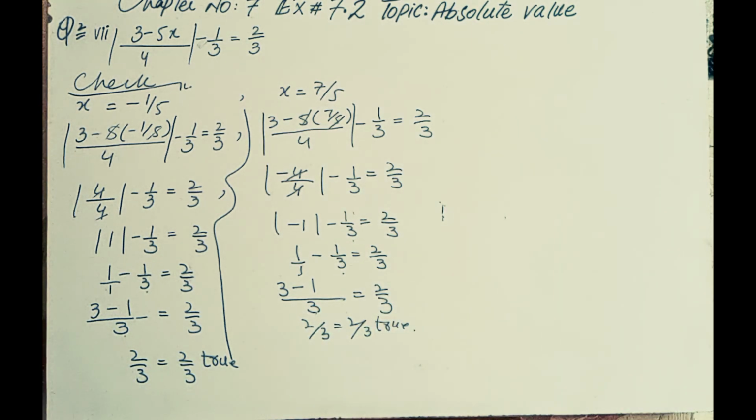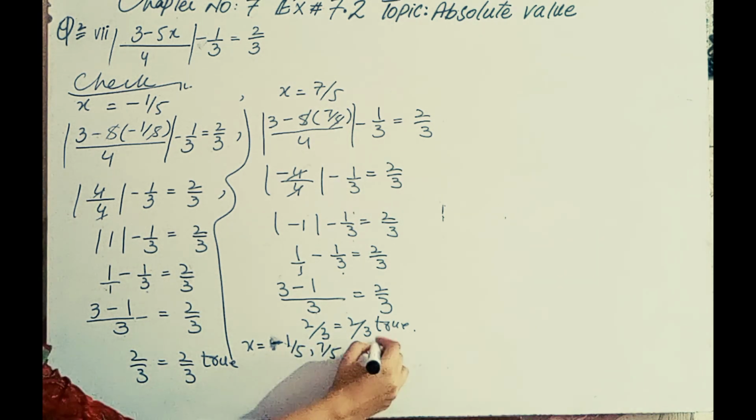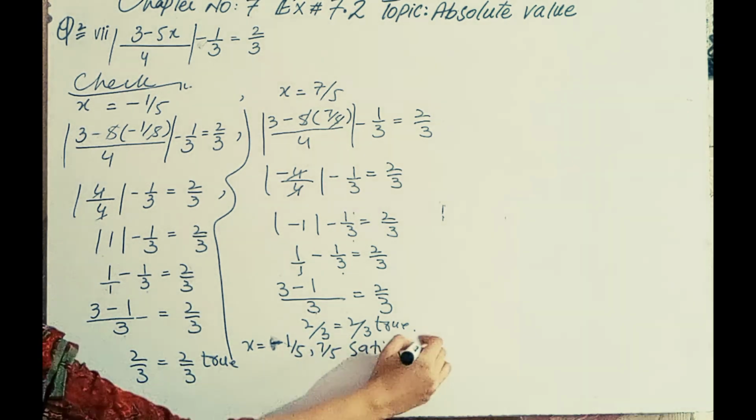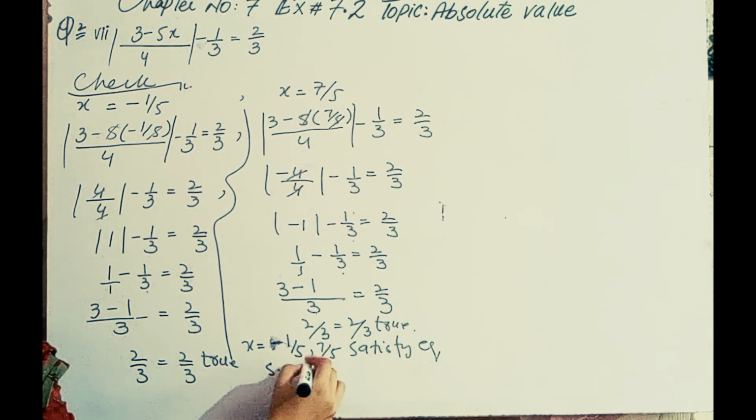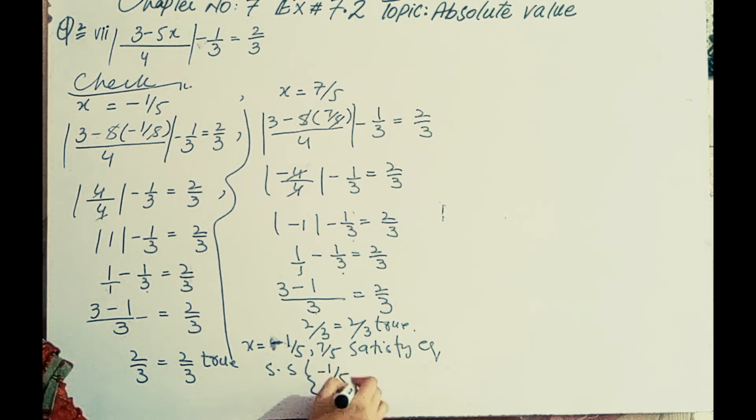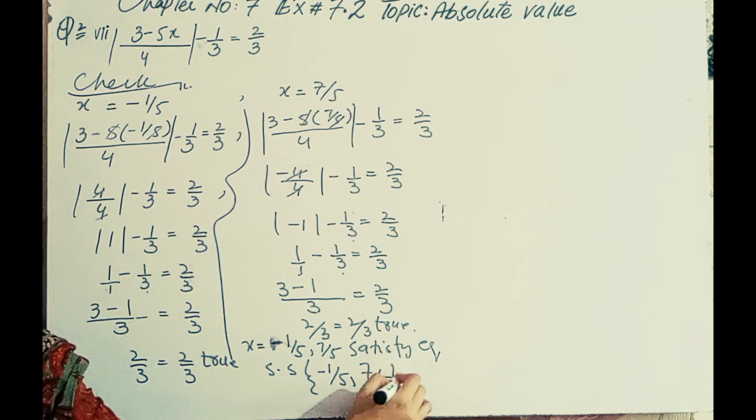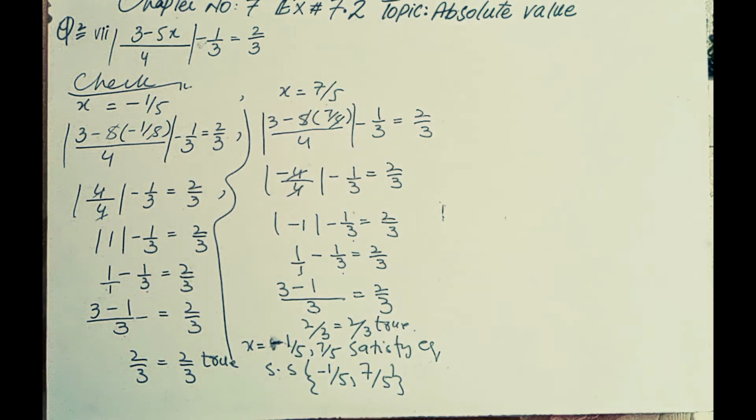It means both sides are equal here. This means both values of x satisfy the equation. x equals minus 1/5 and 7/5 satisfy the equation. So our solution set is minus 1/5 and 7/5. So this was the solution of the absolute value equation.